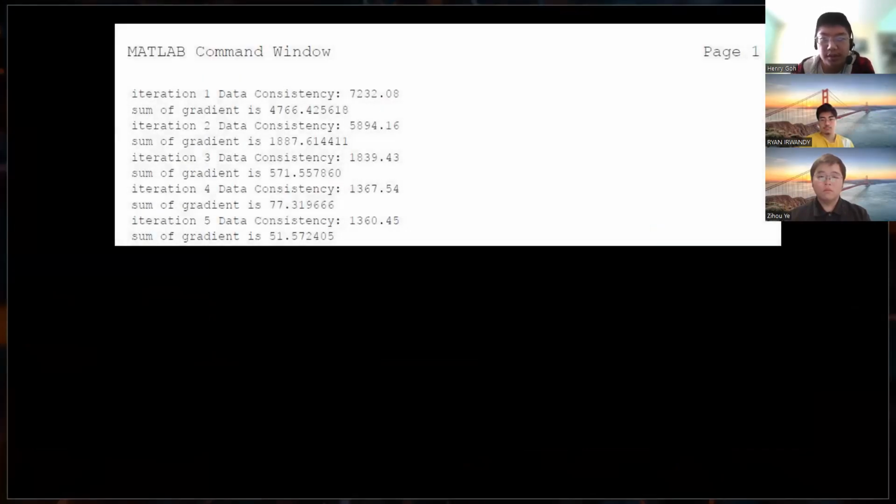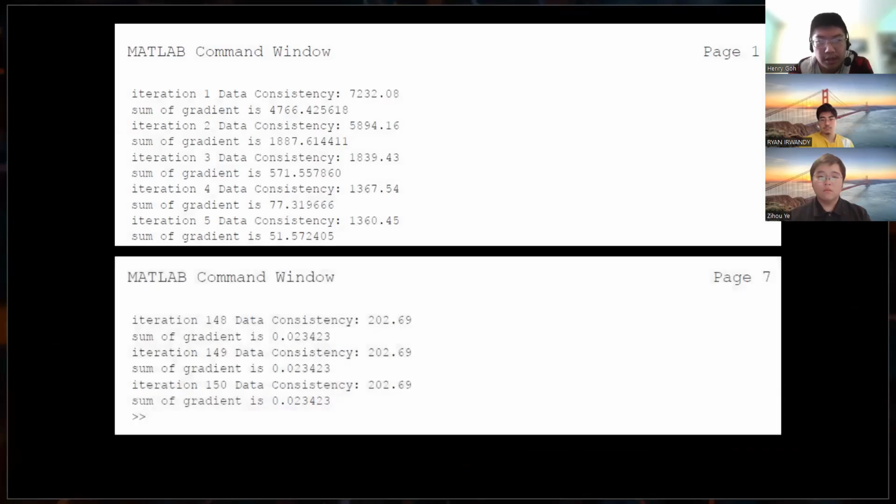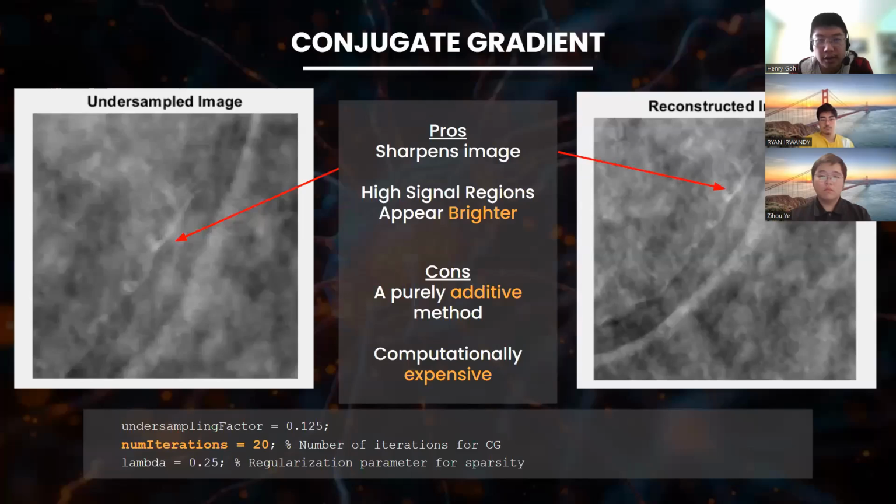However, we can see that it was not really good, but it is still clearly doing something because our data consistency is reducing, and so is the gradient. As we look closer, it's visually difficult to see because this was performed with just the algorithm and not using the controlled undersampling.